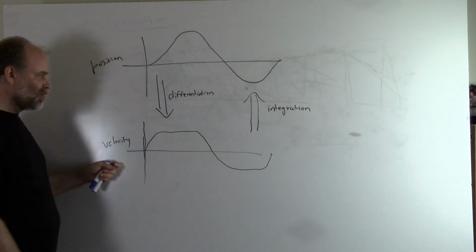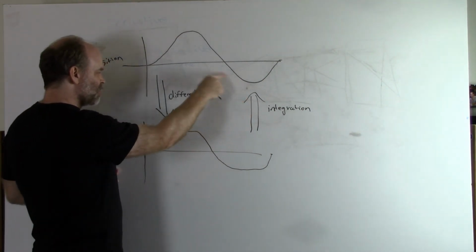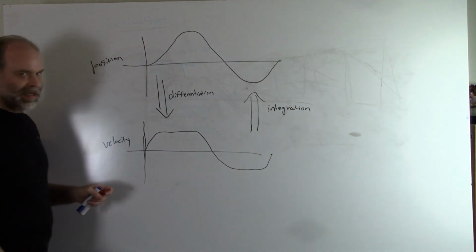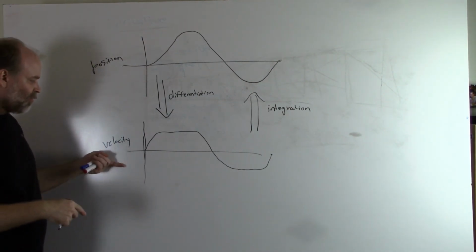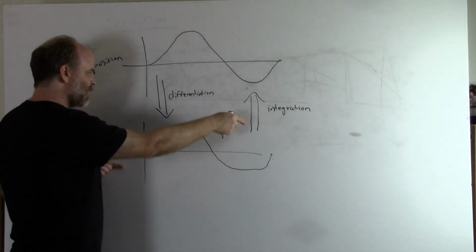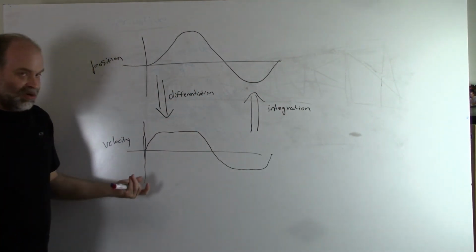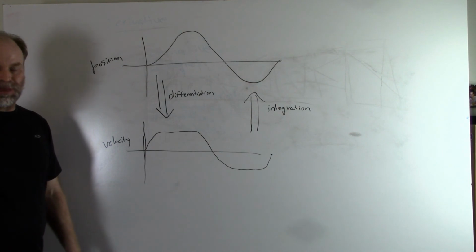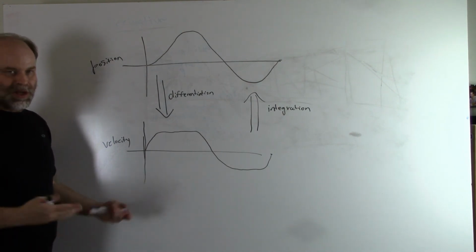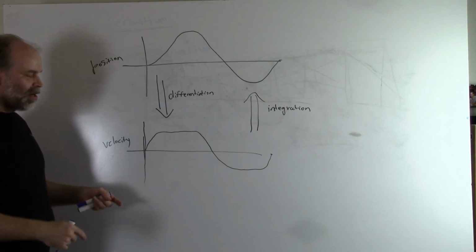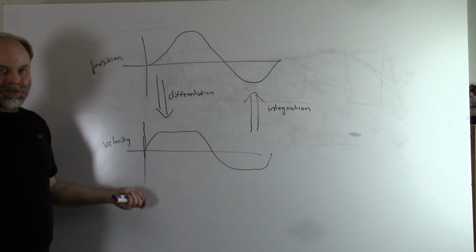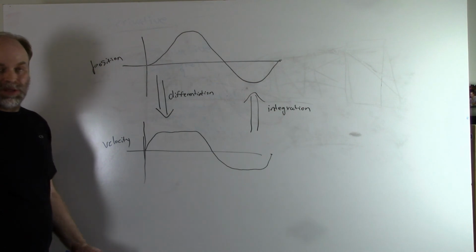We can start with velocity, integrate it to get position, and then differentiate it to get velocity again. Repeat that process, same thing. If you start from a certain velocity curve and you integrate and then differentiate, you should wind up with exactly the same thing again. It's the same car, nothing about it changed. So either way you go should simply return you back to the starting point that you had.